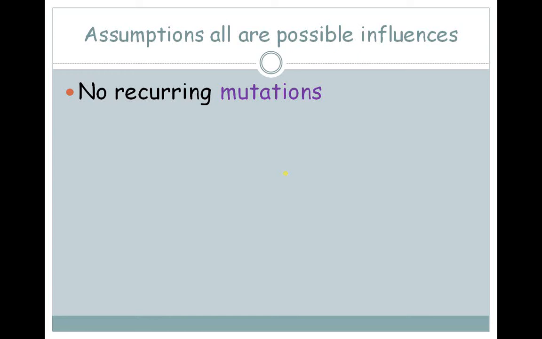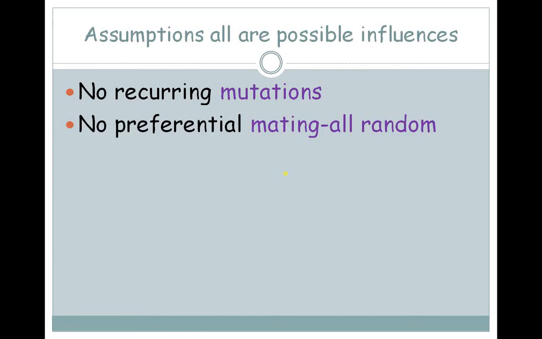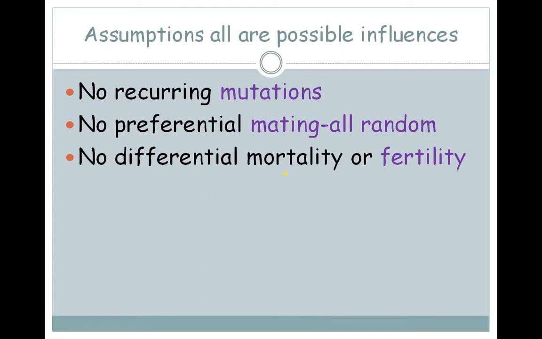So in order for a Hardy-Weinberg population to be in equilibrium, there can be no recurring mutations, and no preferential mating. Everything has to be random. No differential mortality or fertility, for that matter, so there's no differential reproductive success at all in that population.